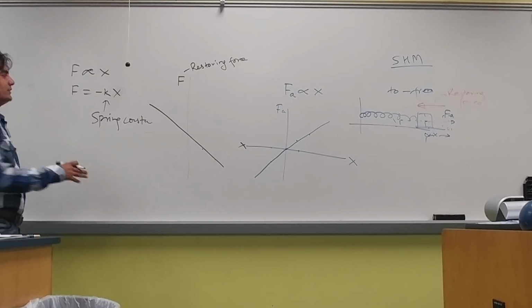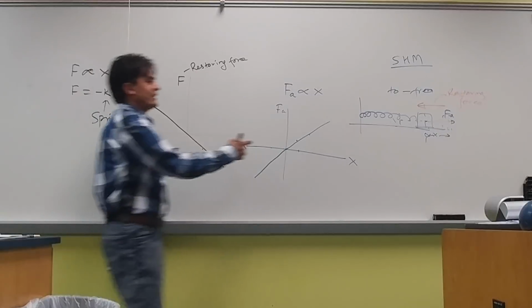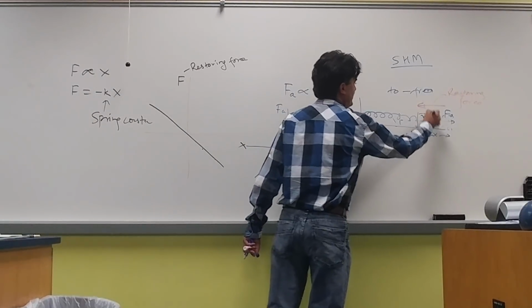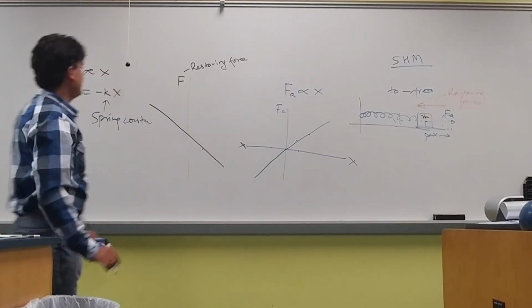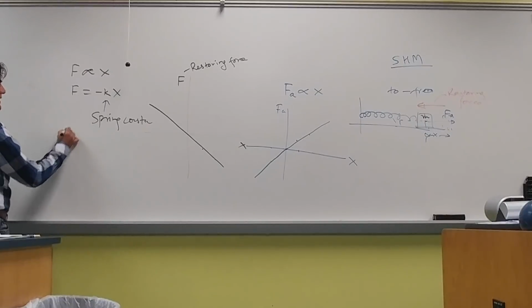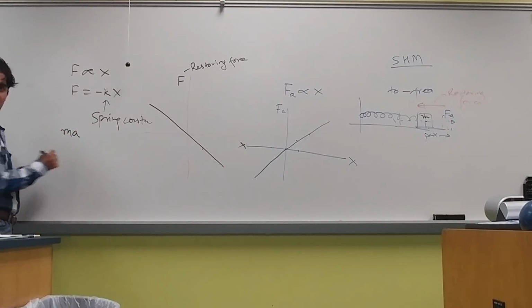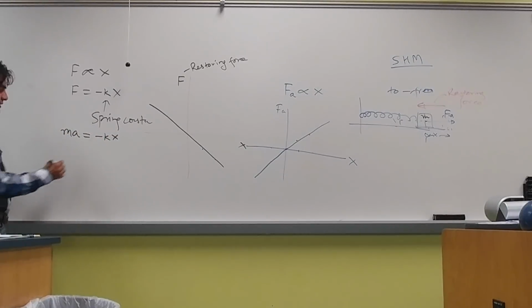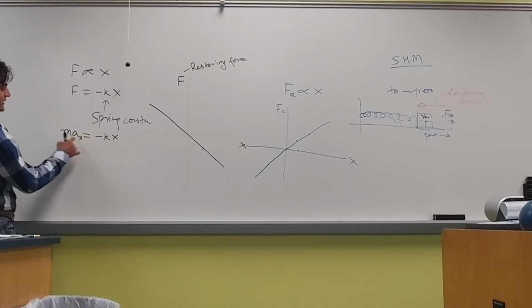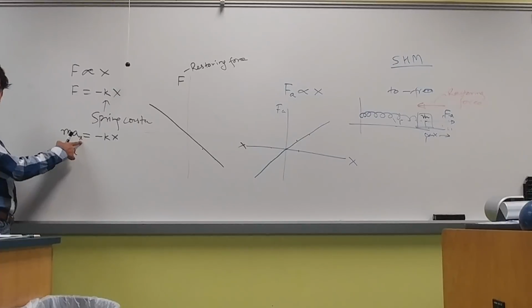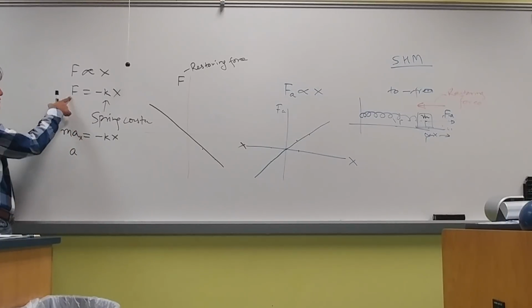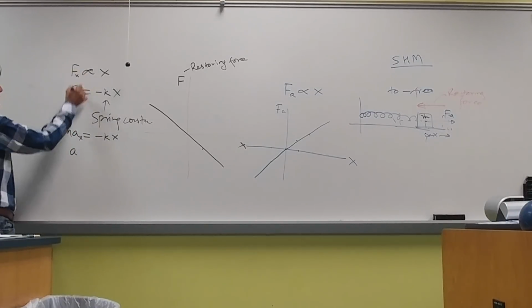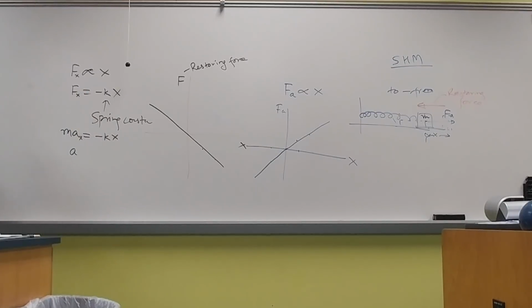So now, let's say this block has mass m. Then my force is mass times acceleration, right? So this will be equal to minus kx. The force direction is along x, so I can write Fx.